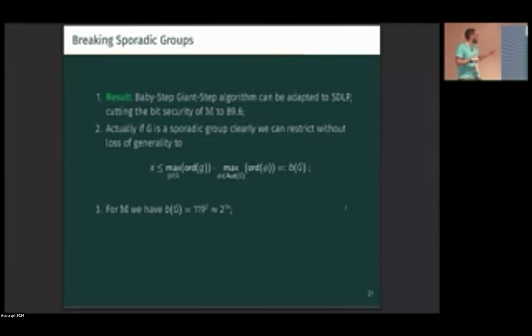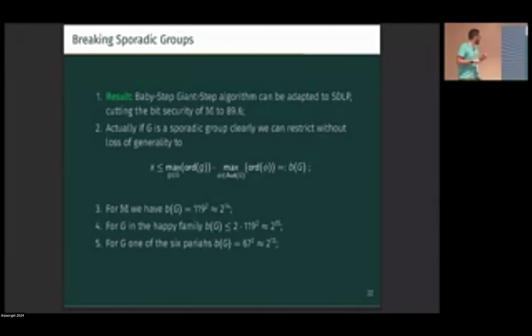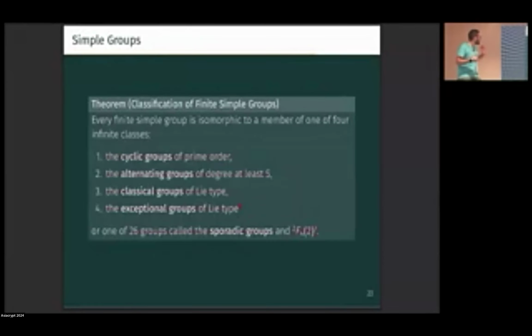And if we compute this invariant for all the sporadic groups, the maximum we can get is like 15 bits of security, both for the monster group, the pariahs and other groups. And so essentially, we concluded that it's not possible to get a secure semi-direct discrete logarithm problem in any of the simple groups.